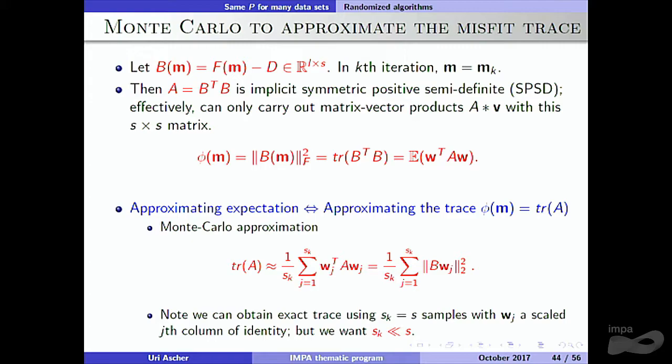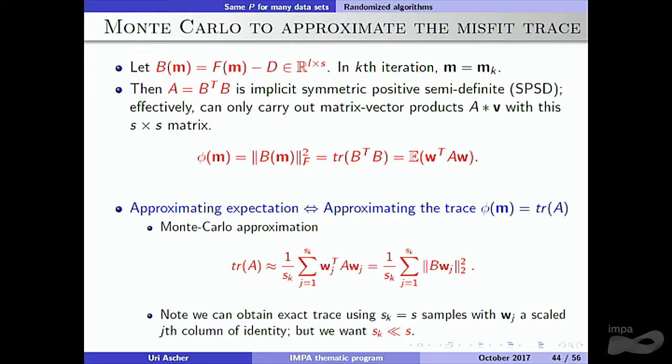So here is statistics creeping through the back door, probability, I should say. The distribution, by the way, should satisfy that the expected value of W transpose W is the identity, so you cover the entire space eventually.